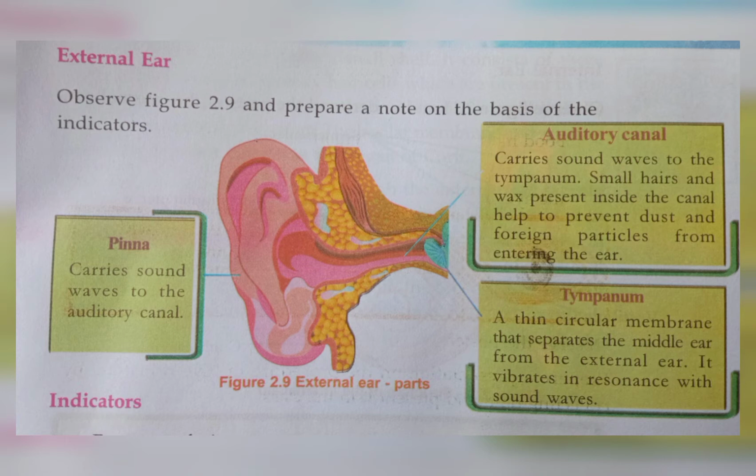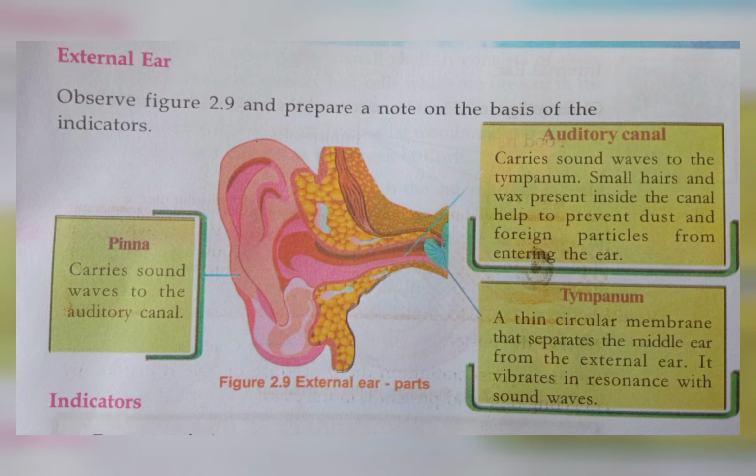If any dust particle enters the tympanum, it will be damaged. To destroy dust and foreign particles, the auditory canal has a facility known as small hairs and wax.